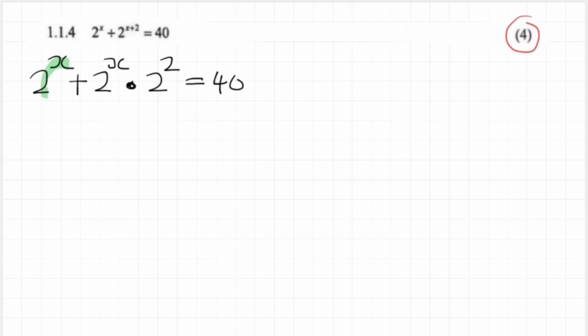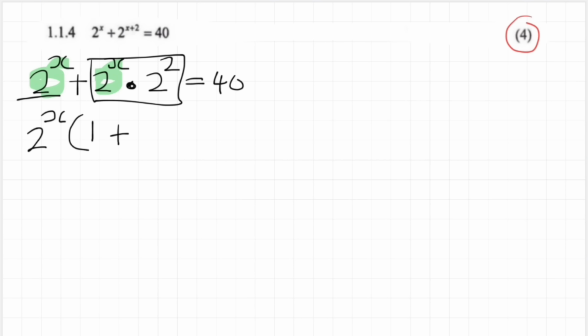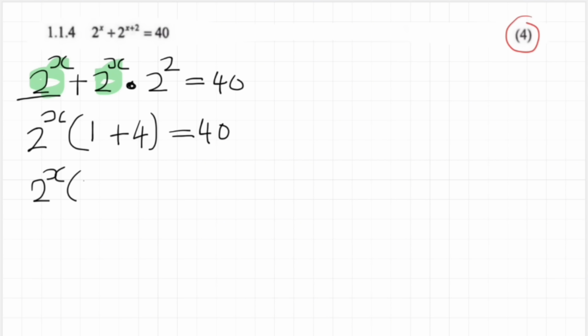If you pay attention, we have a common factor here, 2^x, so we can take it out. Taking it from the first term, we're left with 1, plus from the second term we're left with 2^x.4, which is 4. If you punch it in the calculator, we get 5, so 2^x times 5 equals 40.